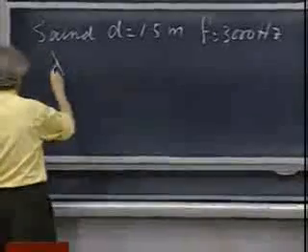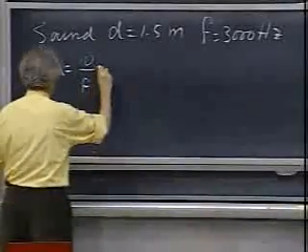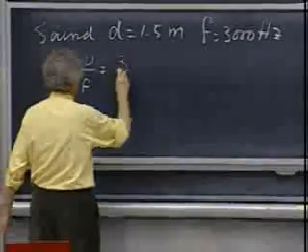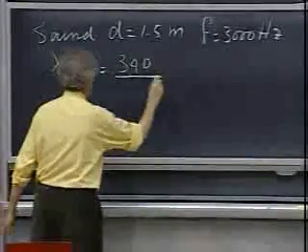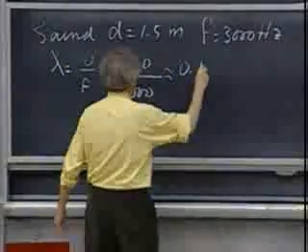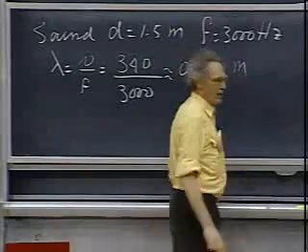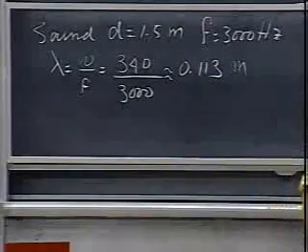The wavelength, therefore, lambda equals v divided by the frequency. The speed of sound is about 340 meters per second, divided by 3000 is about 0.113 meters. So the wavelength is about 11.3 centimeters.